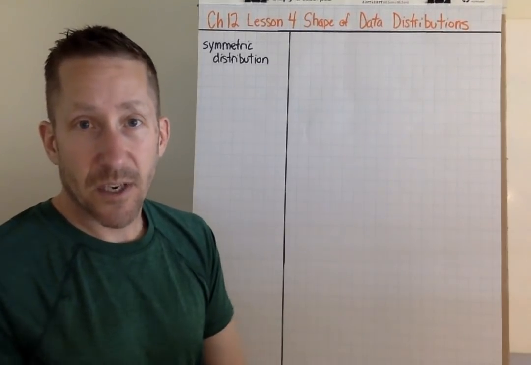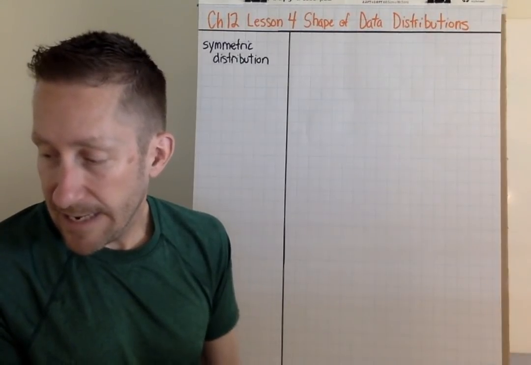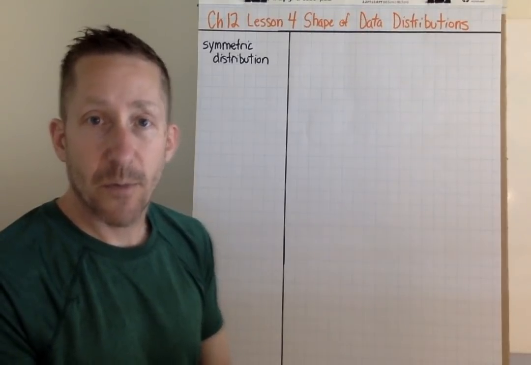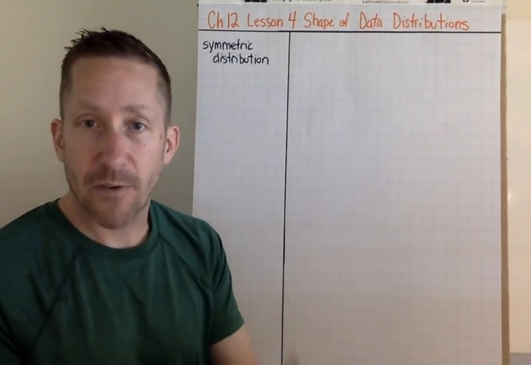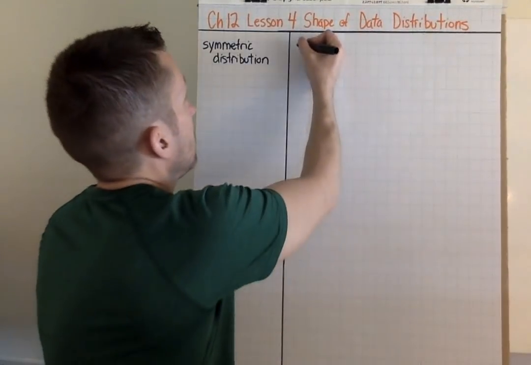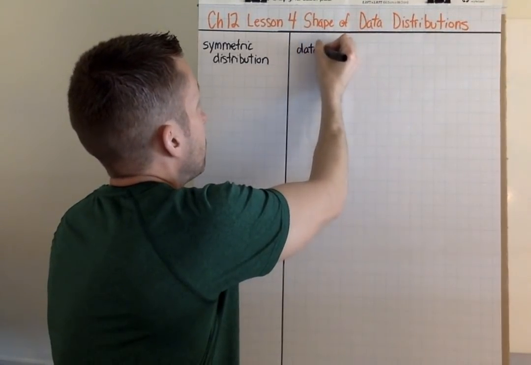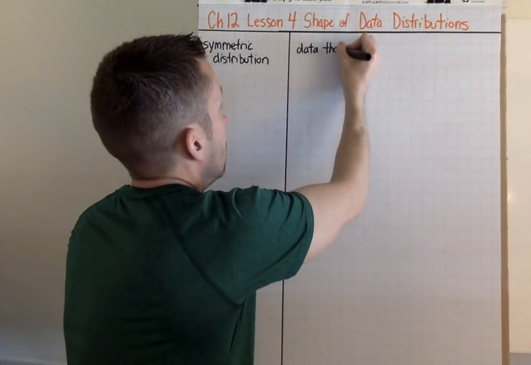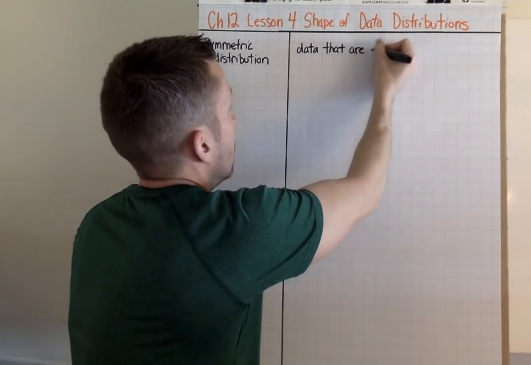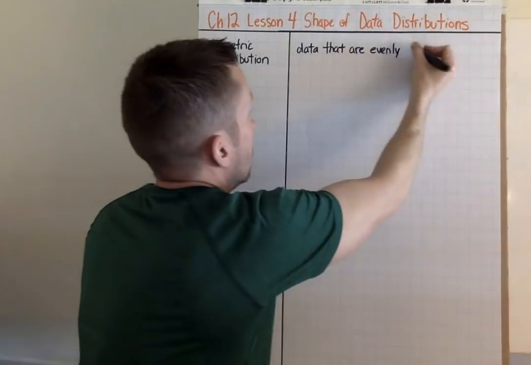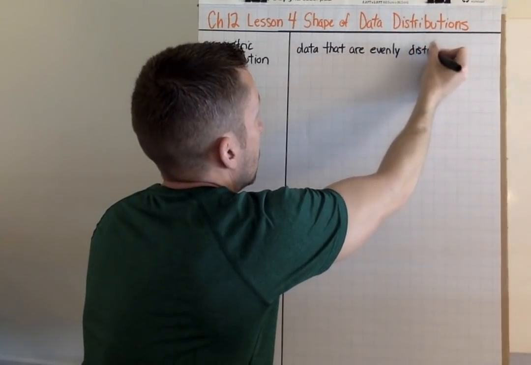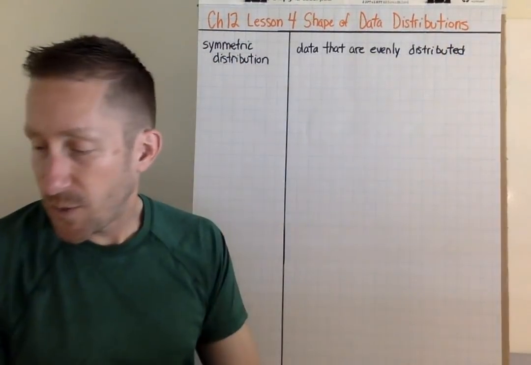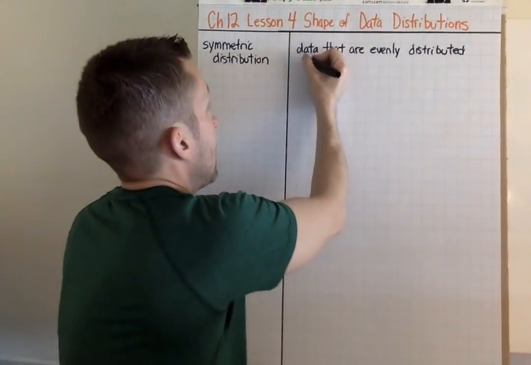So if you have a symmetric distribution, the data are evenly distributed on the left and right side, kind of like a line of symmetry or a butterfly. It's the same on both sides if you fold it right down the middle. So this would be data that are evenly distributed or spread out between left and right side.